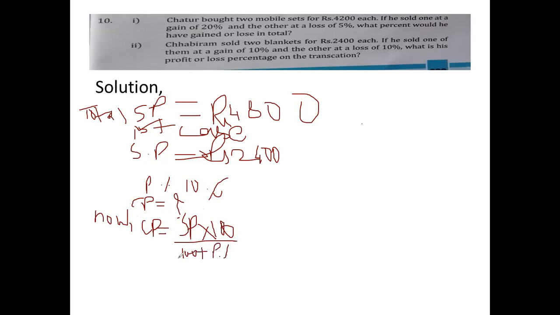So 2,400 into 100, then divide by 100 plus 10. If you divide, you will get the decimal 2,181.81.